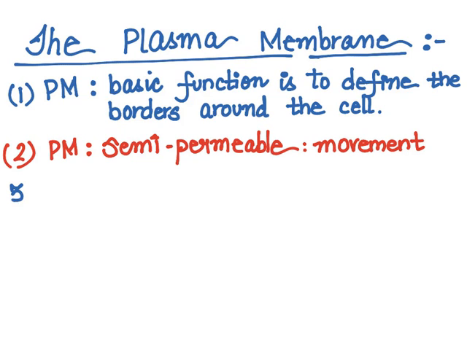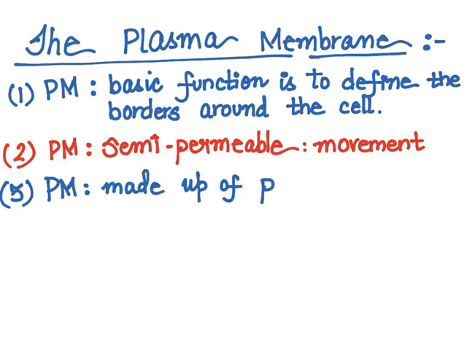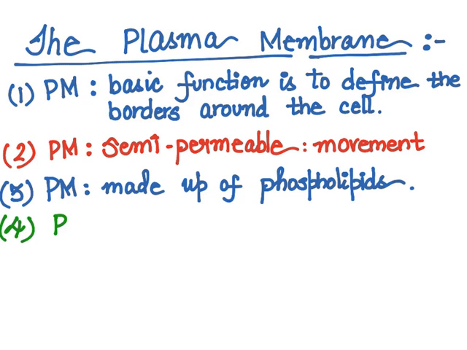All right, point number 3 is going to be that plasma membrane is made up of phospholipids. Next point, the phospholipids for the plasma membrane are comprised of 3 subunits.